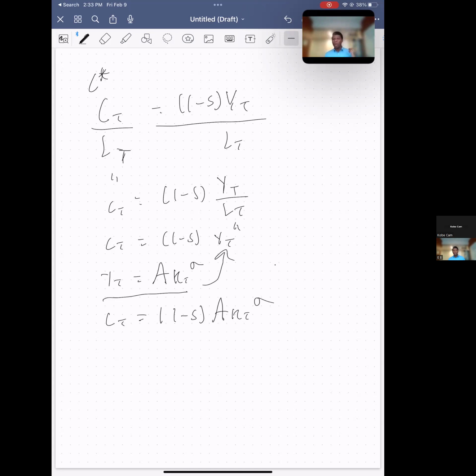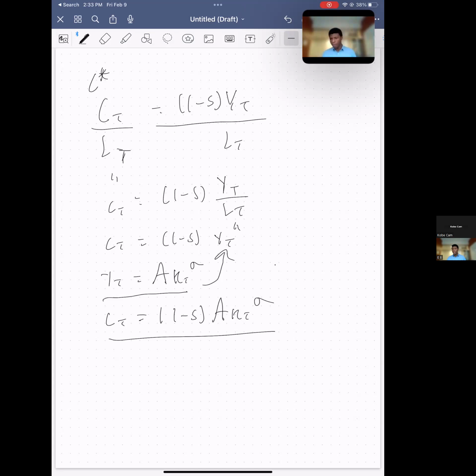Remember, we're thinking in terms of C star, so what is consumption at the steady state. If we look at our equation here, we have 1 minus s, an exogenous variable. A is an exogenous variable. Alpha is an exogenous variable. k_t is determined within our model.